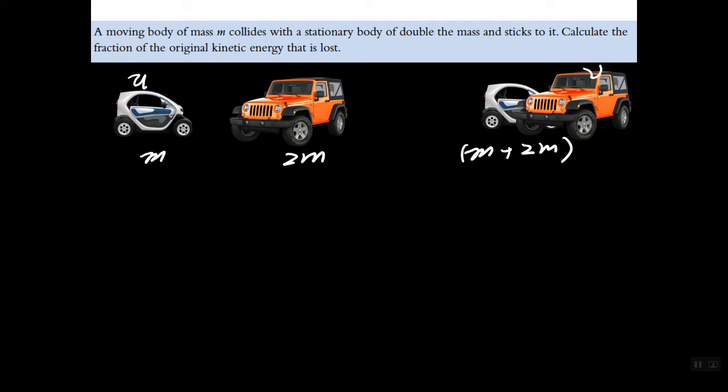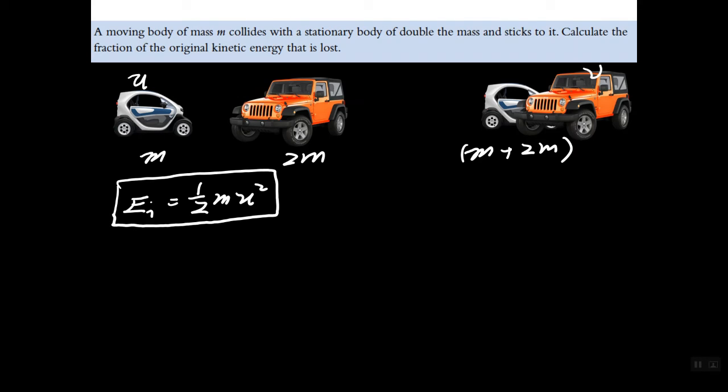Initial kinetic energy of the system equals 1/2 m u squared, as the second mass is stationary. Using conservation of momentum, m times u plus 2m times 0, as the second mass is stationary, and they stick together, so m plus 2m times v.